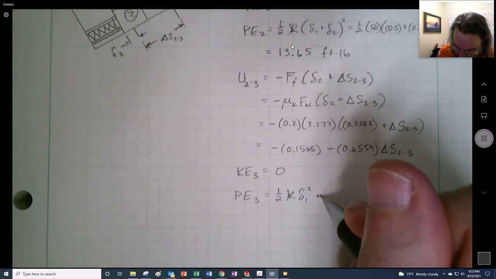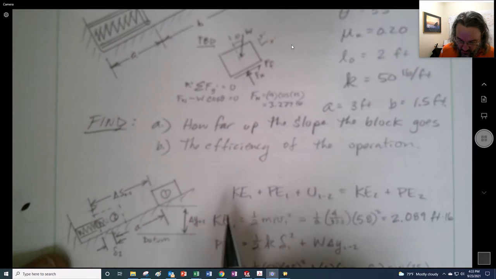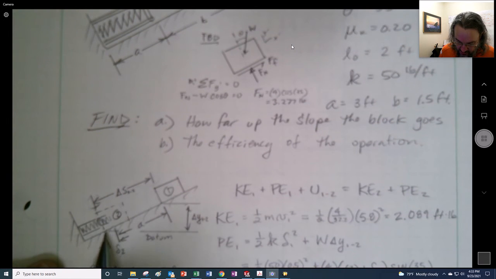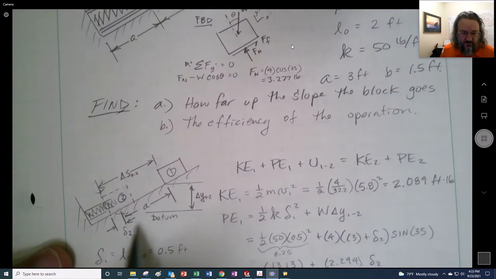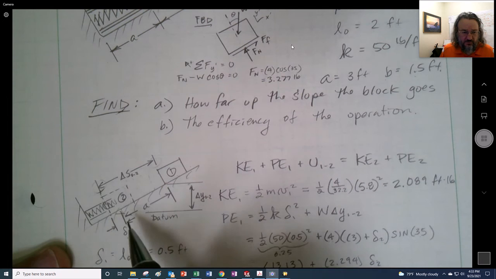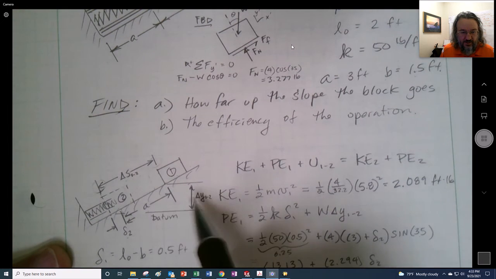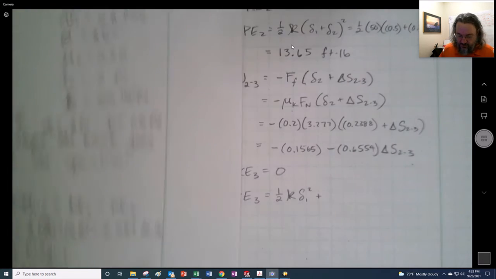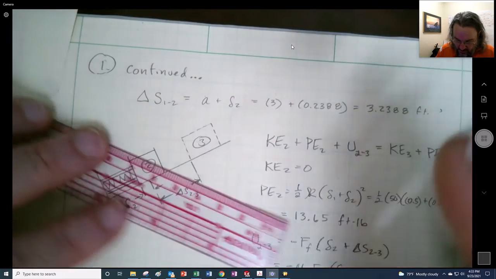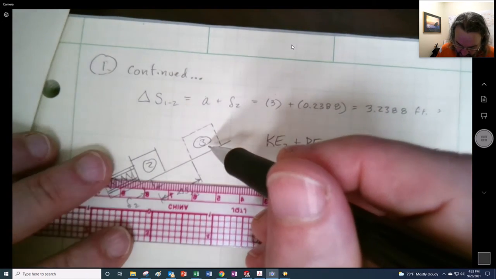But now we're going to have plus, and we have to go from the datum. We have to go from this datum right here. So it's going to be the del 2, so we have to use this del 2. But now, let me draw it up onto here. It depends on what we used.